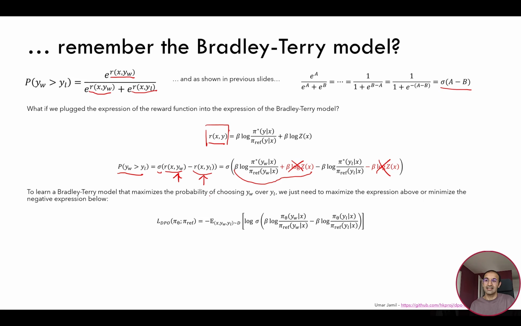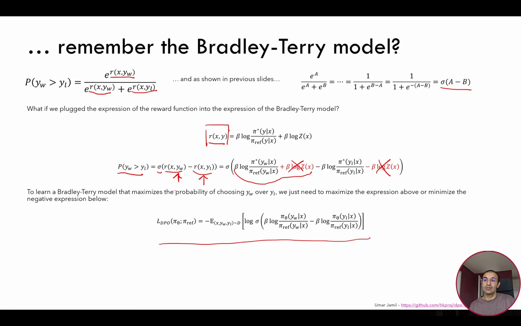And this is the whole idea of the DPO paper. So we can plug the exact solution of the constraint optimization of the reinforcement learning objective, invert it to get the reward, and plug it into the Bradley-Terry model, because the Bradley-Terry model only depends on the difference of rewards assigned to the winning answer and to the losing answer. The uncomputable term z of x cancels out, and then it becomes computable.